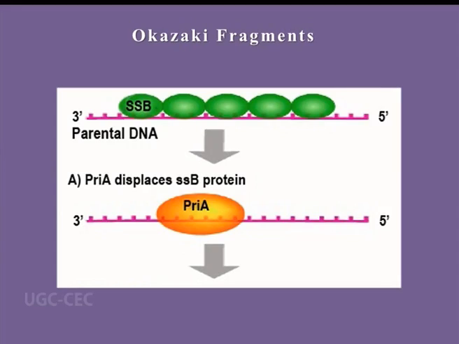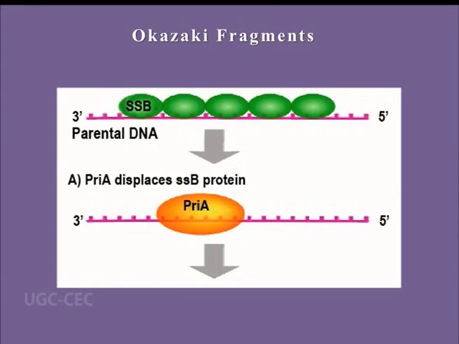The lagging strand consists of a series of discontinuous DNA synthesis. On closer examination, it was found that these short DNA fragments are known as Okazaki fragments, named after their discoverer. How are they synthesized? First, this is the parental DNA, which is coated with single strand binding protein.